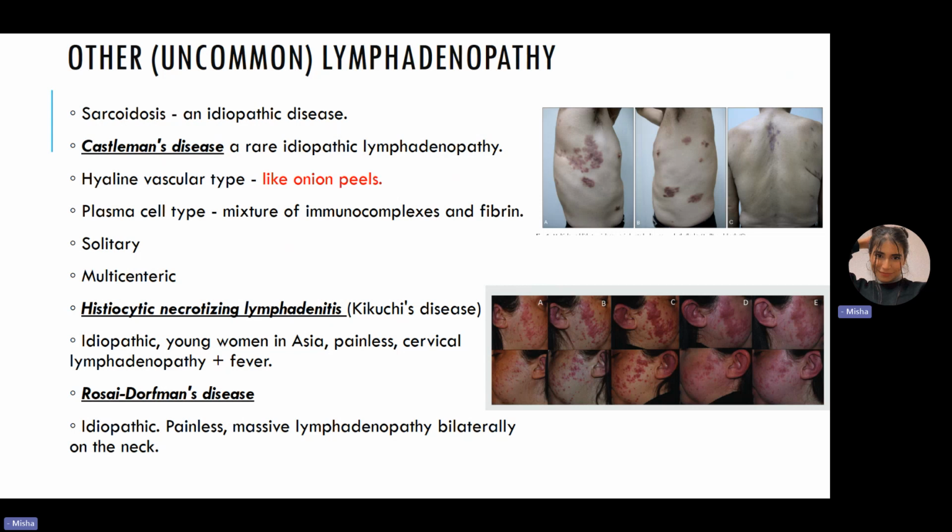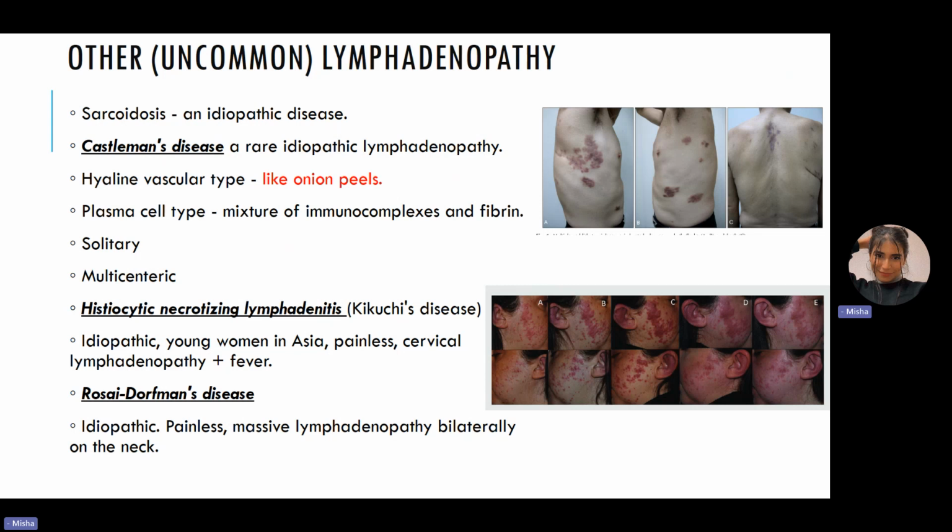Okay. Next, we can talk about histiocytic necrotizing lymphadenitis. This is idiopathic, in young women in Asia. It is painless, and it is cervical lymphadenopathy plus fever. In the histology, we can actually see necrosis with a lot of macrophages present.